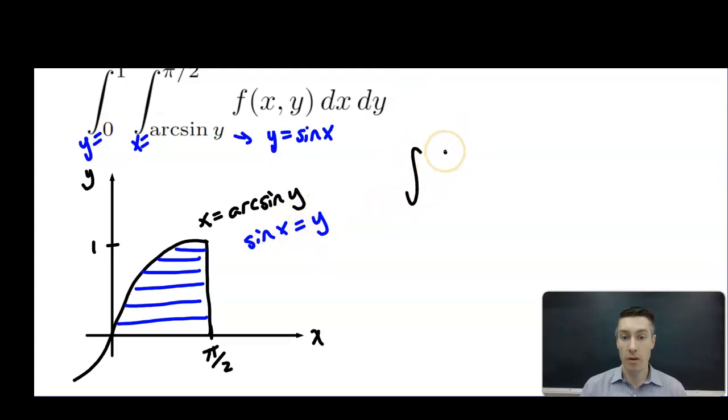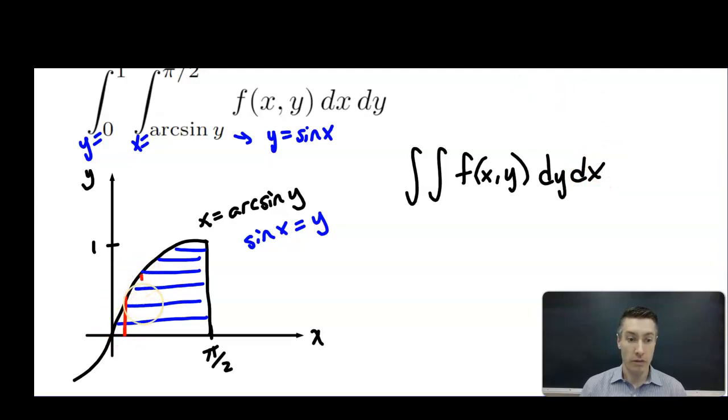So setting up our double integral now as a type 1 region, we want to draw our lines vertically in the region. So y is going to go from 0 to sine of x, and x is going to go from 0 to pi over 2.